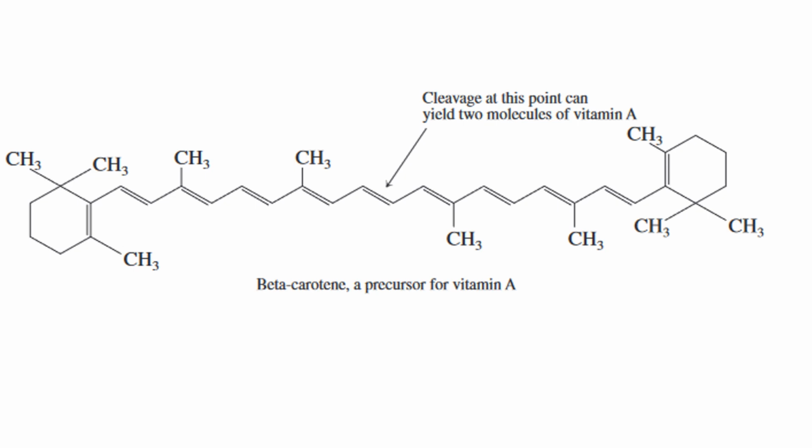Vitamin A has four major functions in the body: vision, regulating cell differentiation, maintenance of health of epithelial tissues, and reproduction and growth.